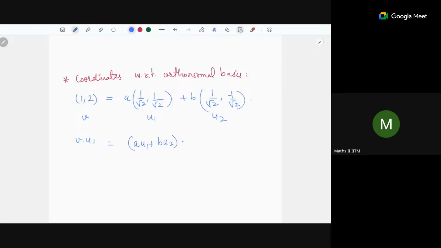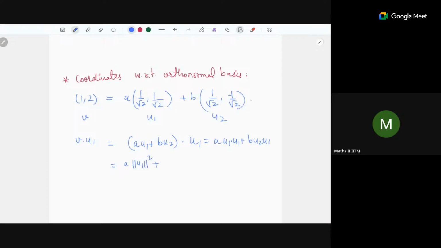V dot U1. The inner product has linearity in the first coordinate, so it will be a times U1 dot U1 plus b times U2 dot U1. U1 dot U1 is the magnitude of U1 squared.